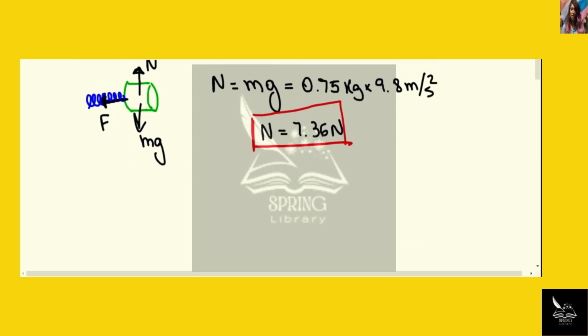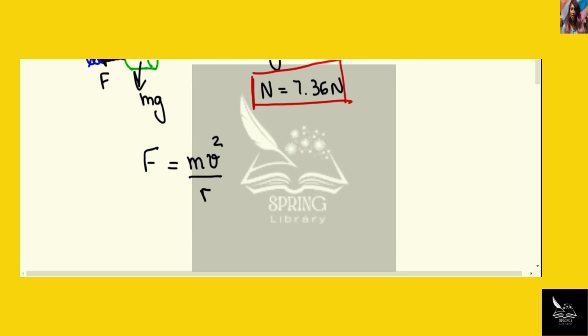Now notice that the only force in the horizontal direction is the elastic force F, and this is equal to the mass, according to Newton's second law, times the acceleration. And as I said, the acceleration is v squared over R, because the collar is moving in a circular motion.